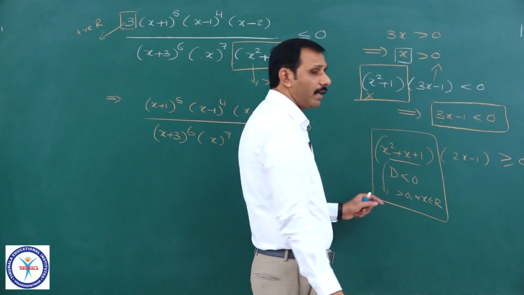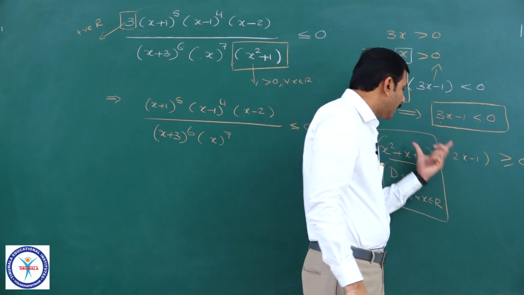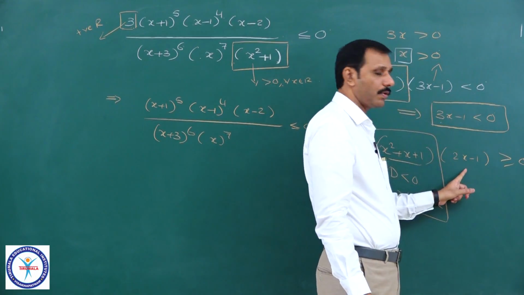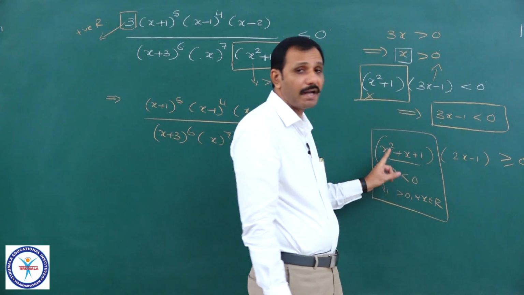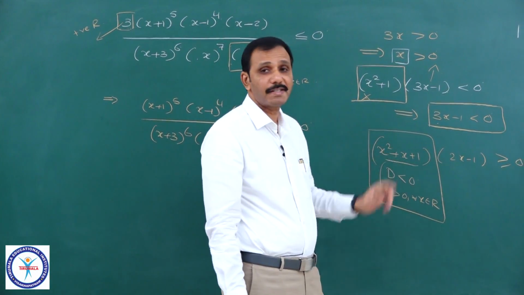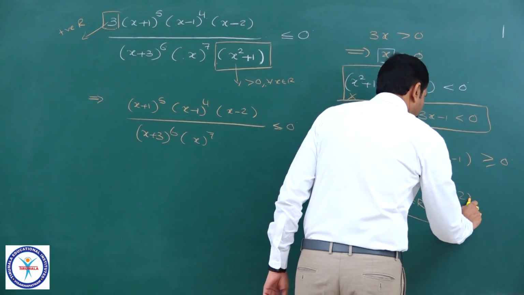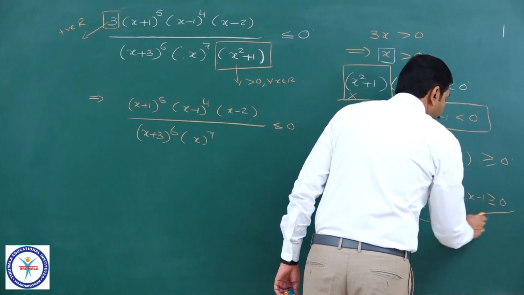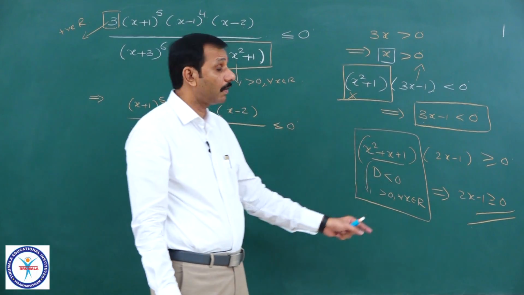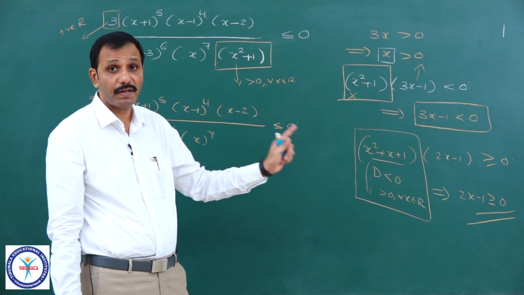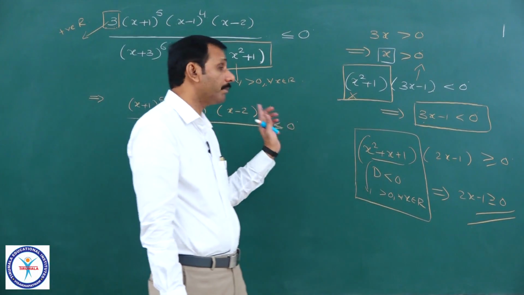What is the meaning of ignoring? The sign of this product will depend only on 2x − 1, it will never depend on x² + x + 1. It is greater than or equal to 0 implies it is enough to take the values of x where 2x − 1 greater than or equal to 0. That discussion also is very important to solve some problems.